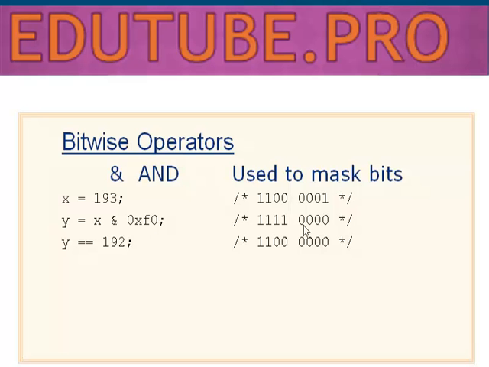This is the value F0, a 1 in all of these high order nibble positions and 0 in the low order nibble down here. So this is F0. And we don't care what the decimal value is, the numeric value. We care what the hexadecimal value is with all these bits turned on, because that's our mask.